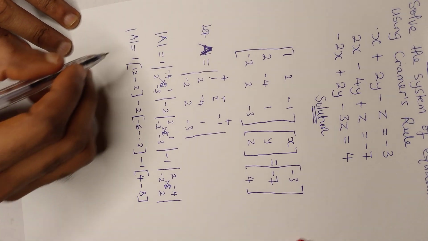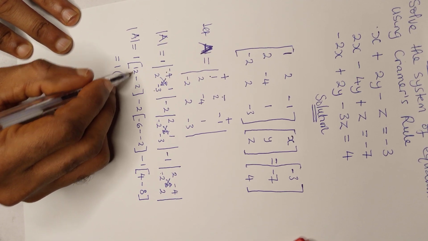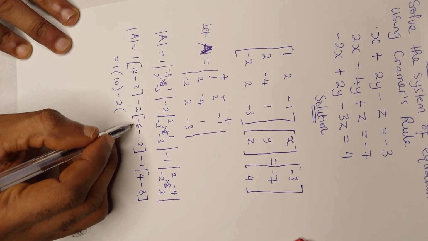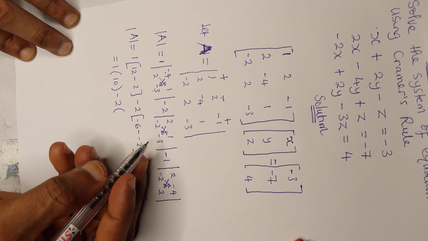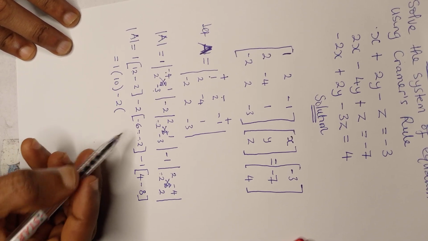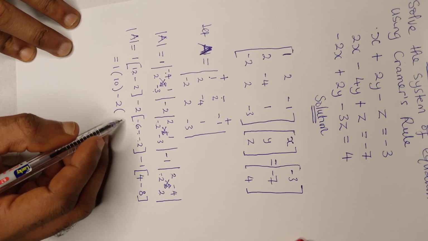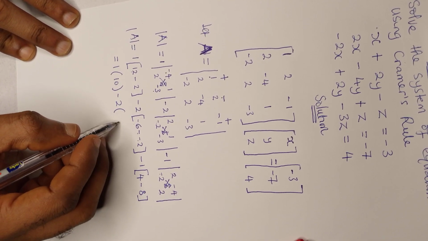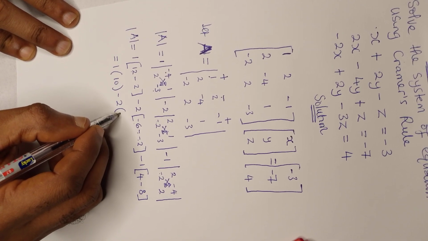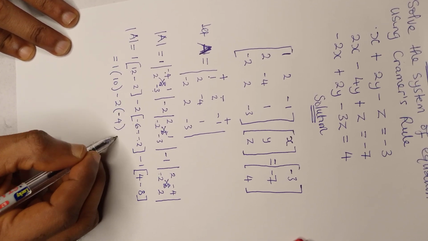Okay. So in this we are going to have 1 into 12 minus 2 is 10. Minus 2 into minus 6 minus minus 2 will be minus 6 plus 2, because minus times minus here is plus. So we have minus 6 plus 2, and that is going to give us minus 4.